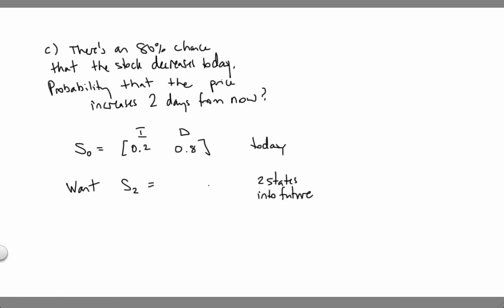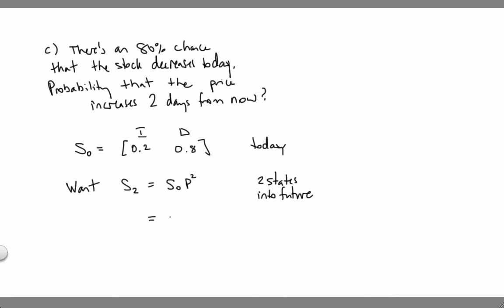S2 is 2 states from now, 2 days from now. Based on our previous facts, you could think of this as S1P, and that would be fine, but then you need to calculate S1 along the way. It might be a little more direct to say this is S0 times P squared. So P squared is going to jump us 2 states into the future.